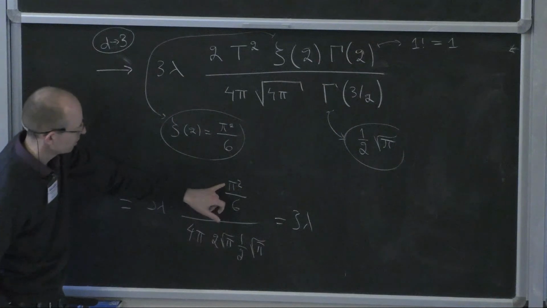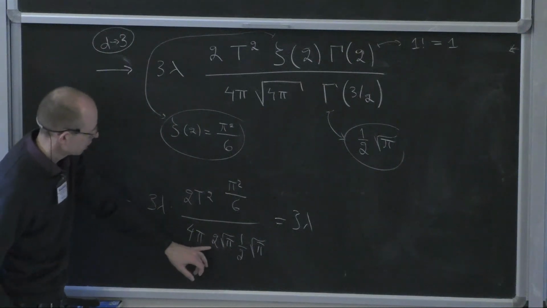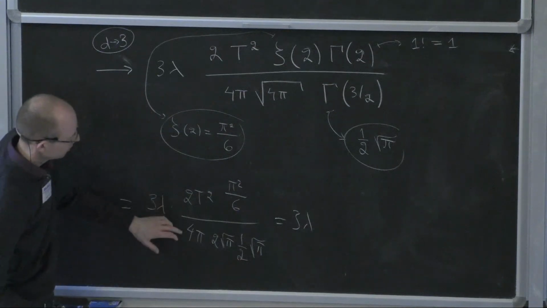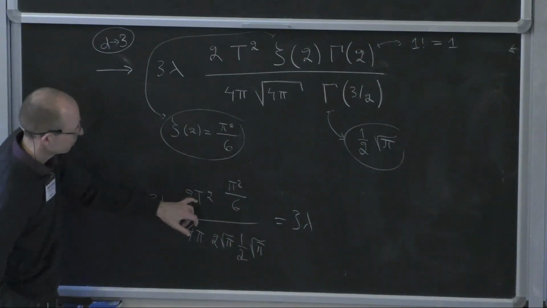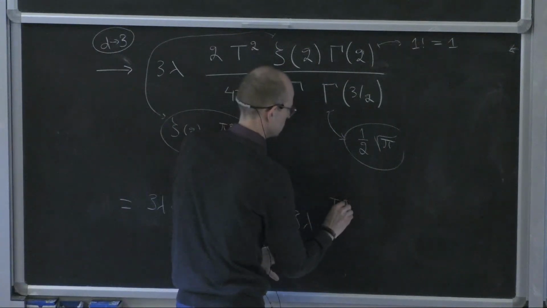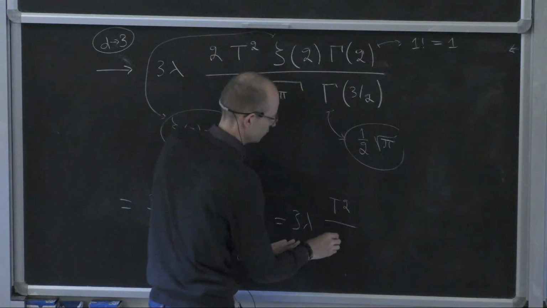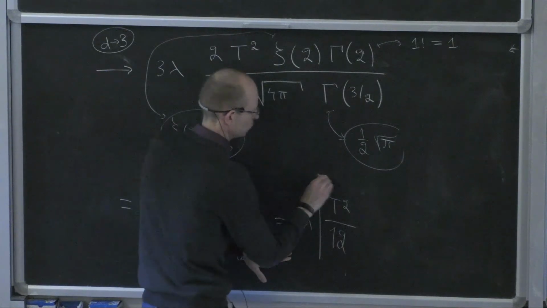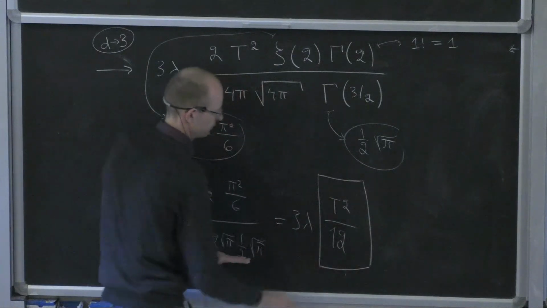That cancels against pi squared. Then I have 2 times 1/2, that also cancels. I have 2 divided by 4 is 1/2, and T squared, and 1/6. So 3 lambda times T squared, 1/2 times 1/6 is 12. T squared over 12.